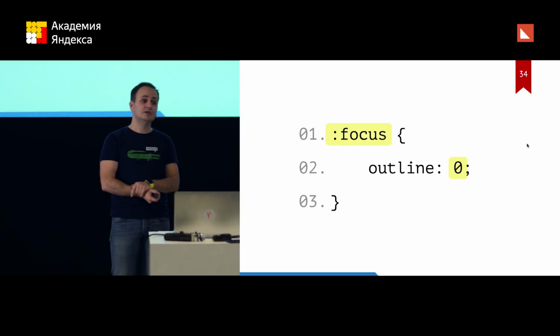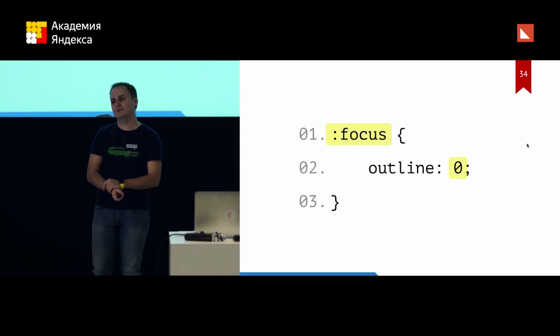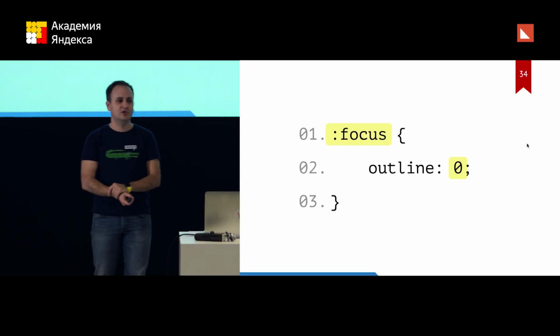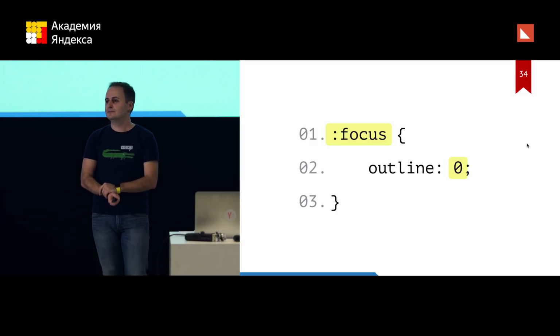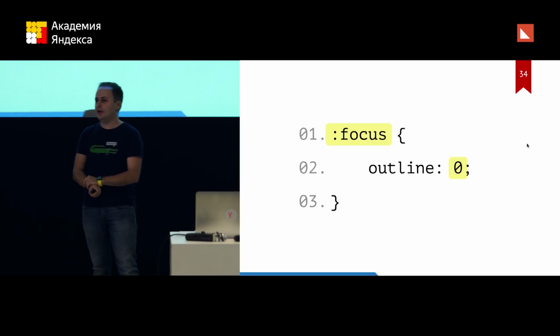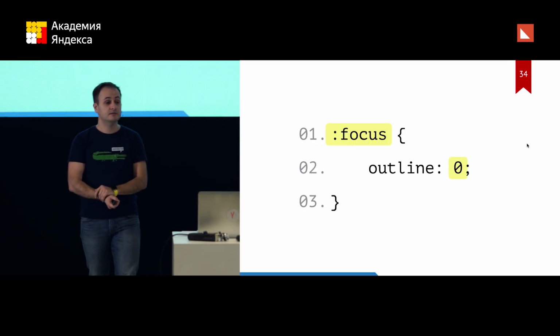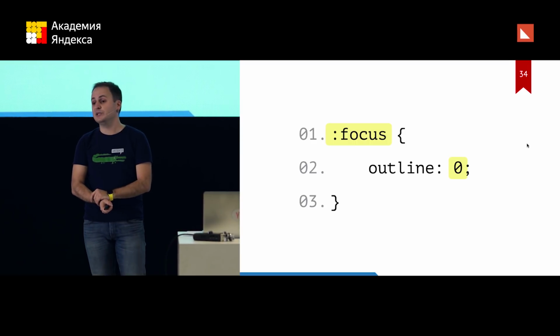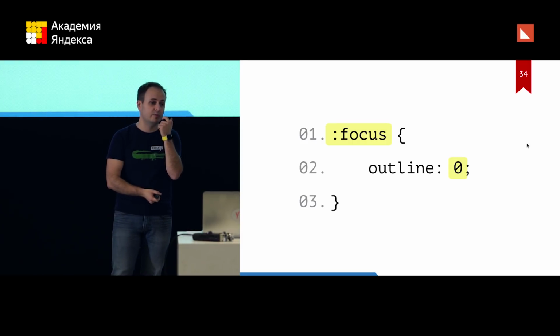Raise your hands if you have this in your code. Don't be shy. And keep your hands up, the ones that will remove it tomorrow or even today. Please do. This makes everything so much worse.